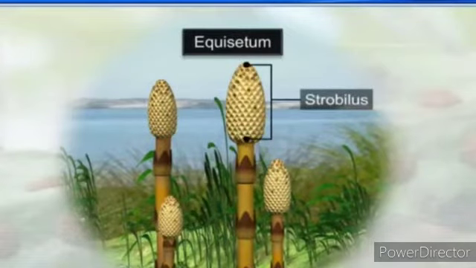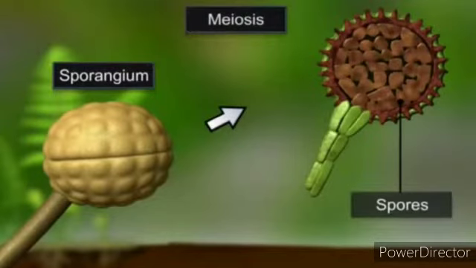In some cases, sporophylls may form distinct compact structures called strobili or cones. Example, Selaginella and Equisetum. In the tip region of the plants, a cone-like structure is present, called strobili or cones. The sporangia produce spores by meiosis in spore mother cells.